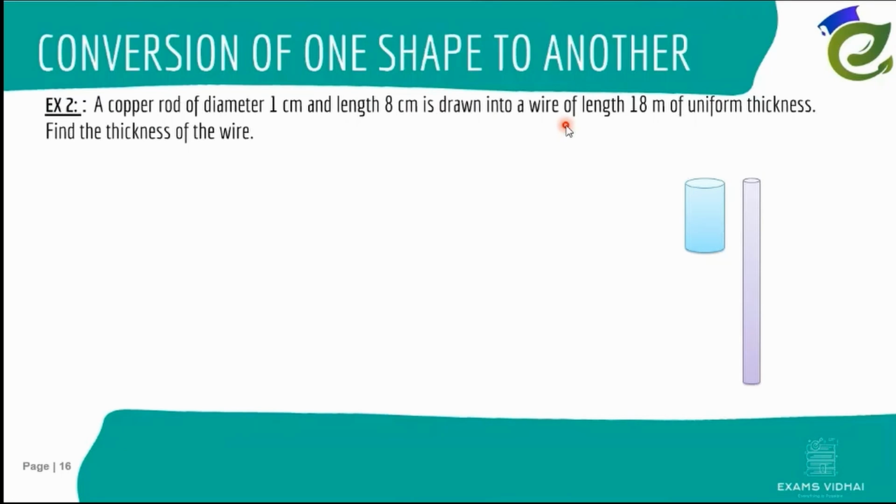So we have to find the thickness of the wire. This copper rod has to be drawn into a wire of length 18 meter, which is of uniform thickness. The thickness of the wire is nothing but the diameter of the cross section of the wire.